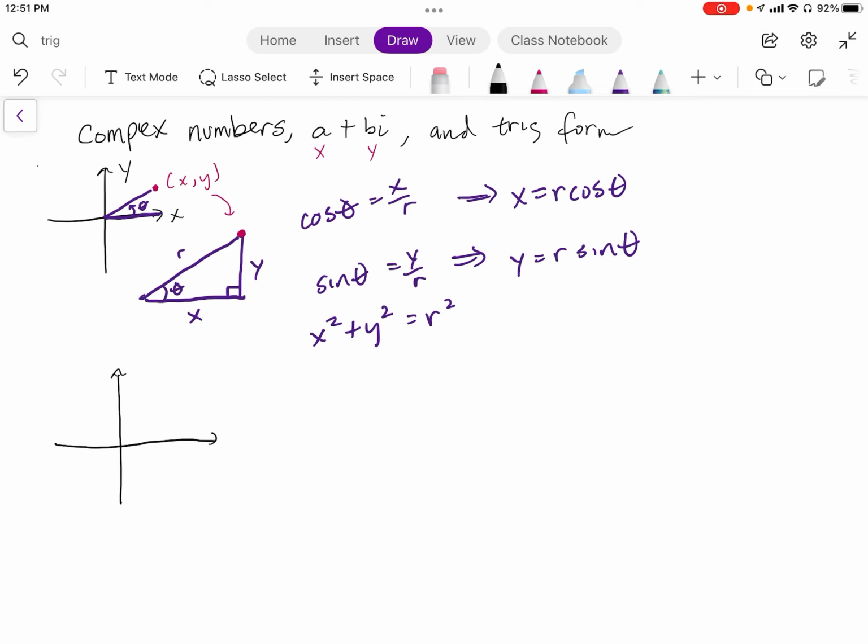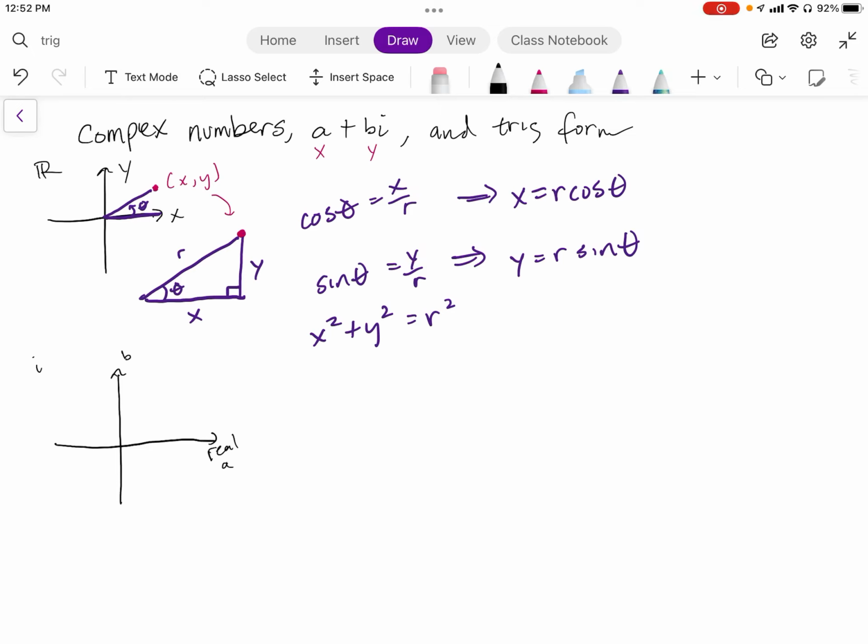This was real, like we were dealing with real numbers here, x's and y's, and points. In the complex plane, the imaginary plane, what we did is we let the x-axis be the real part, the a, the real part of the complex number, and the y-axis be b, the imaginary part, a plus bi.